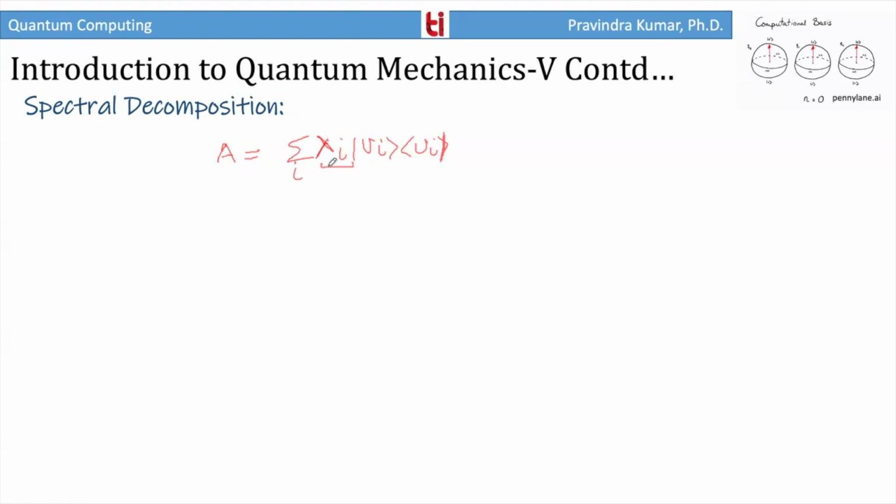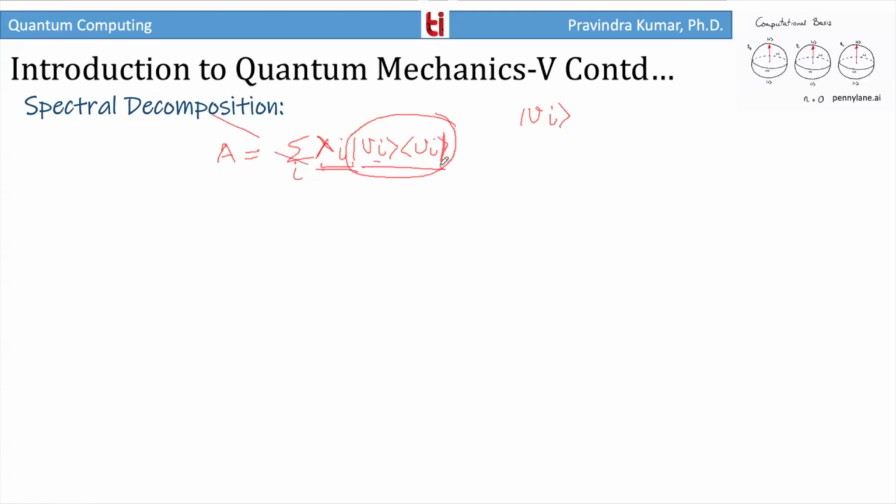This is the reading on the device, and ket vi is the state the system collapses into if that outcome happens. And this outer product of vi is the projector onto the eigenstate vi. So spectral decomposition is simply writing an operator as the sum of eigenvalues and projectors.